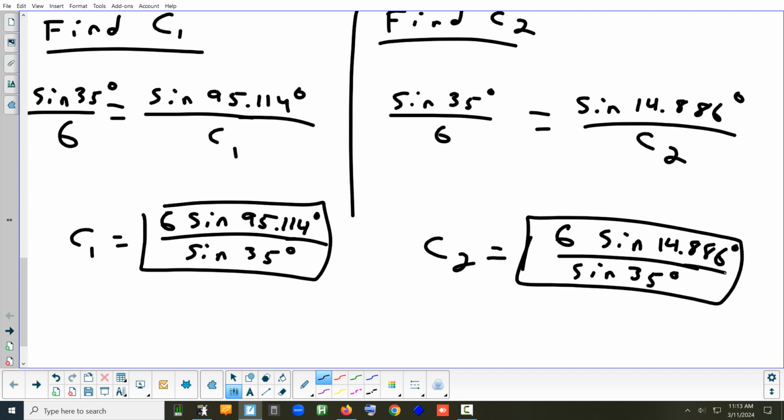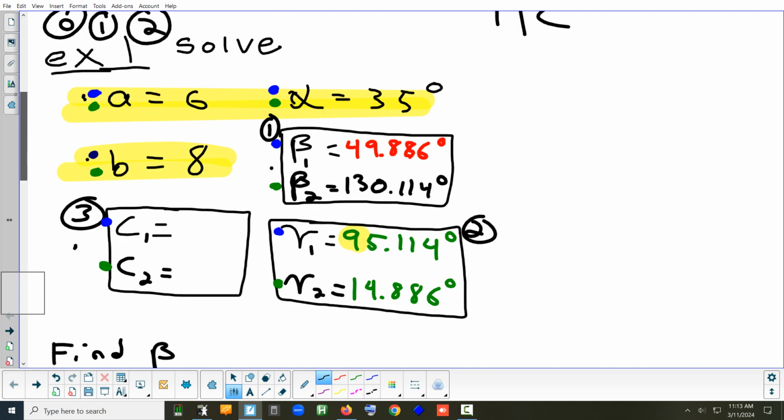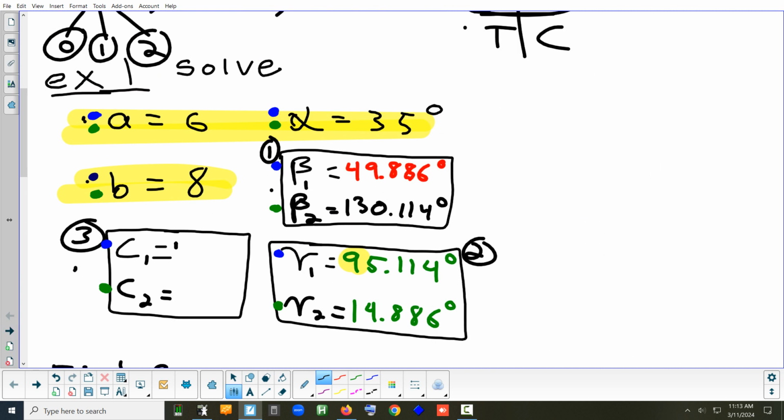I've got both of the answers right here. What does C1 come out to? C1 comes out to 10.419, and C2 comes out to 2.687.